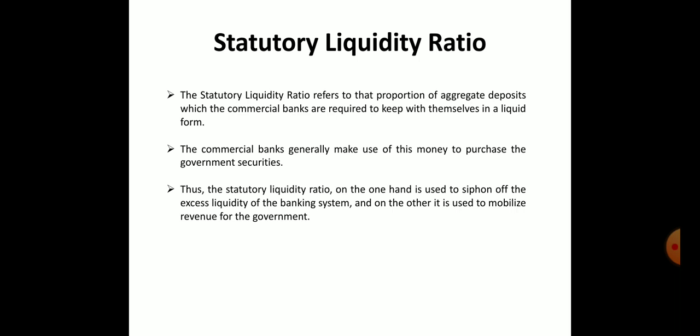If RBI increases the statutory liquidity ratio, then they will control credit. If they decrease the statutory liquidity ratio, same as the cash reserve ratio, they will expand the credit in the market.